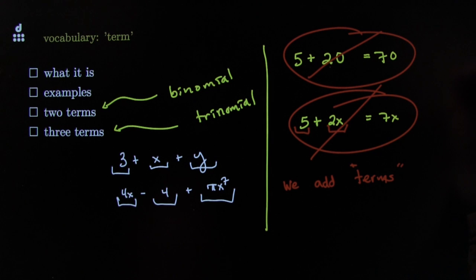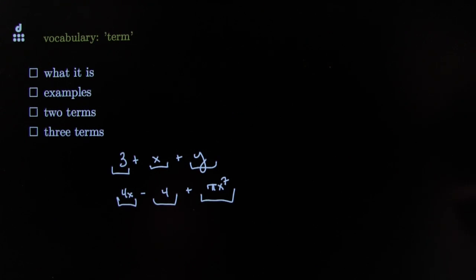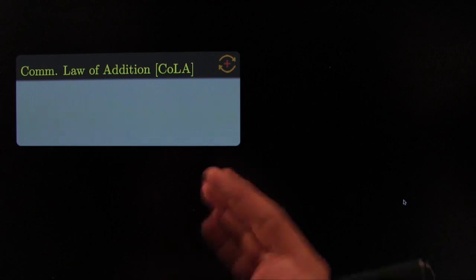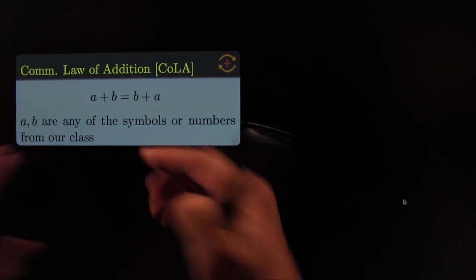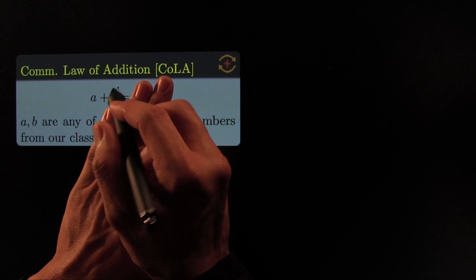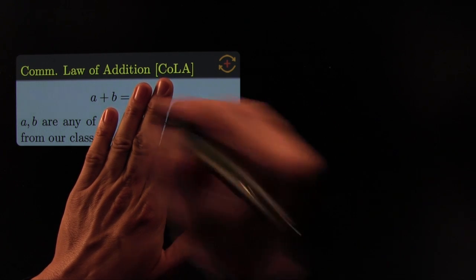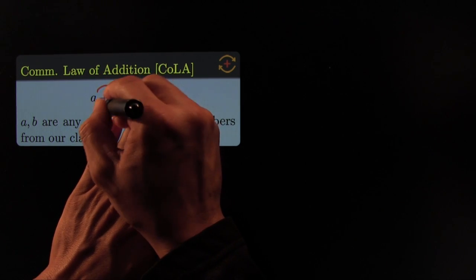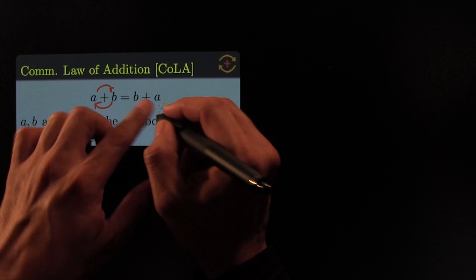Let's see what else we've got prepared for you. Let's clear this and summarize. So today we learned the commutative law of addition, which says the A would commute that way, the B would commute that way, and so you get the same thing as BA.